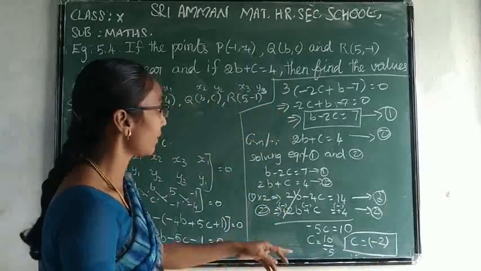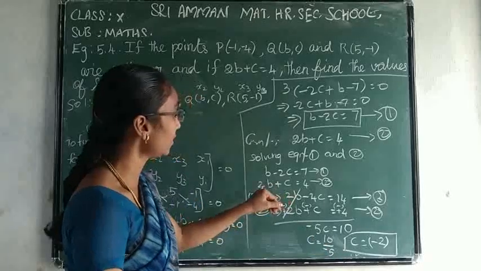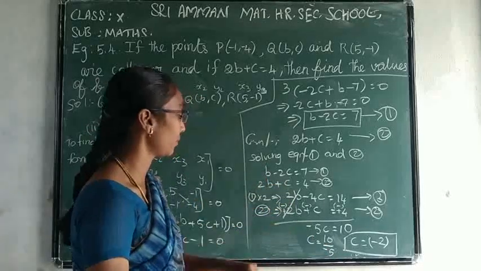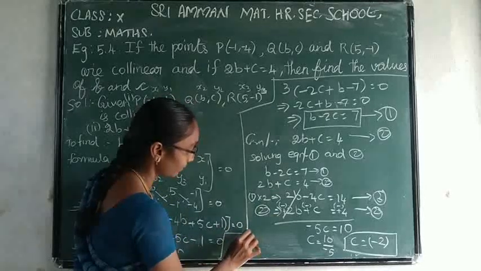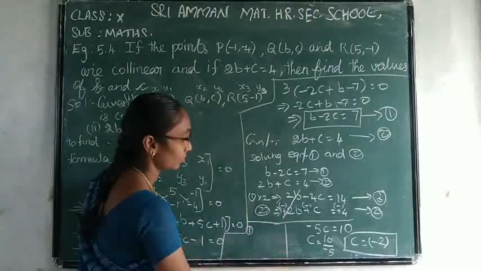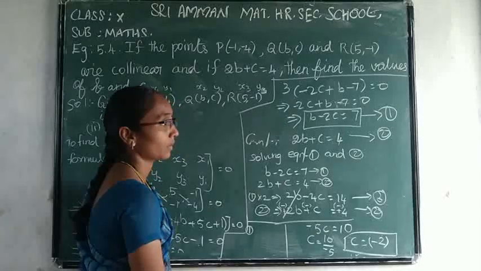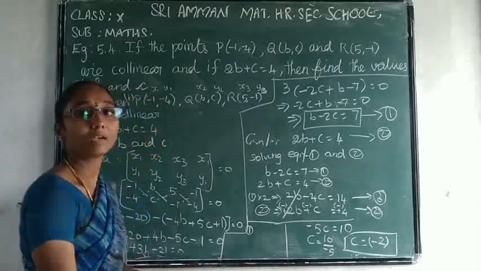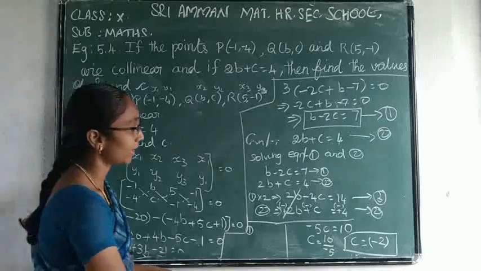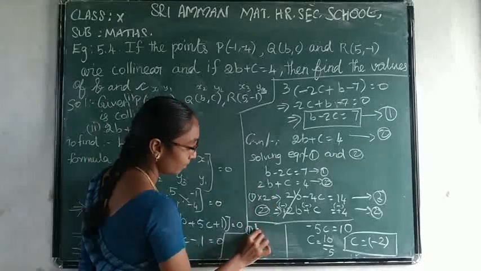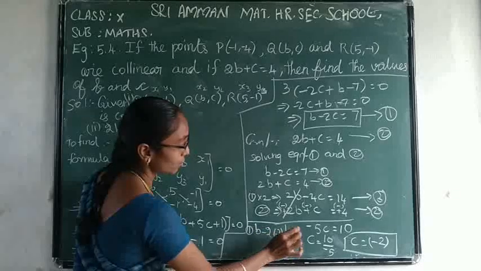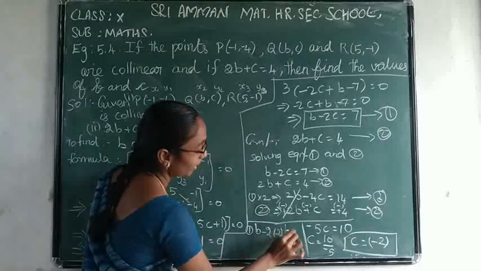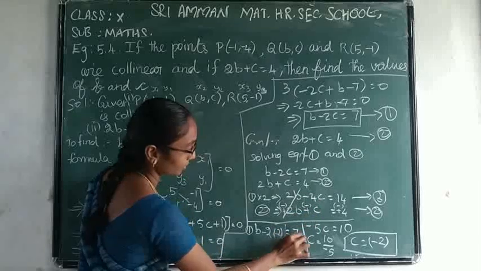Now substitute the value of c in equation number 1. So b minus 2c, 2 into minus 2, equal to 7.